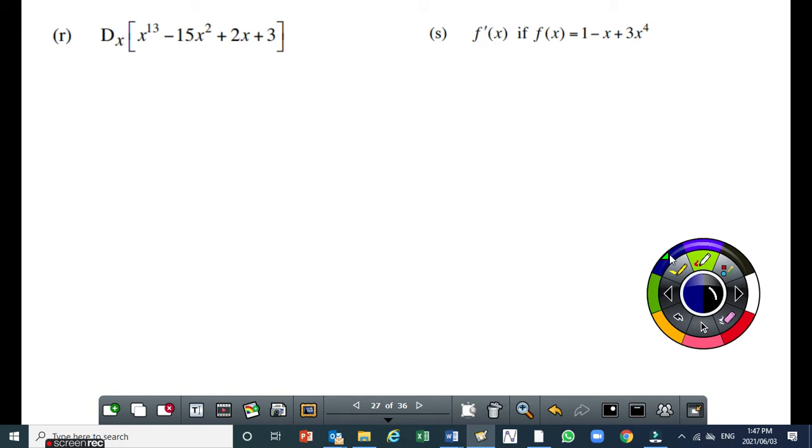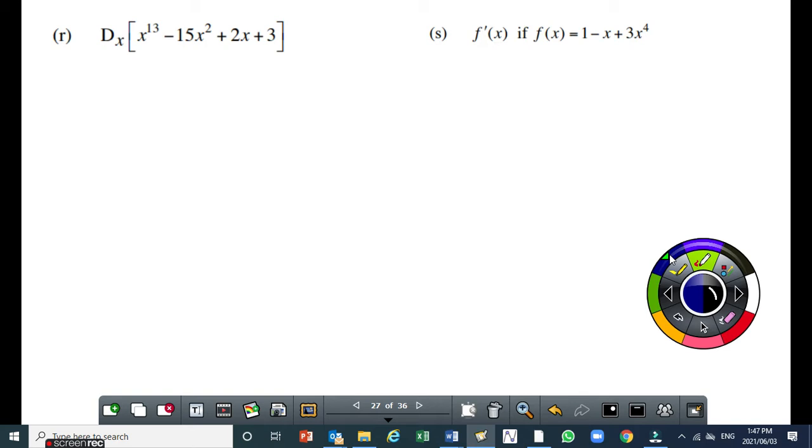Now, as I told you yesterday, there are four different types of notations for the derivative. So the d of x, that's the differential operator. When you are finding the derivative using the differential operator, you don't stop writing d of x until that moment when you decide that now I'm going to find the derivative.